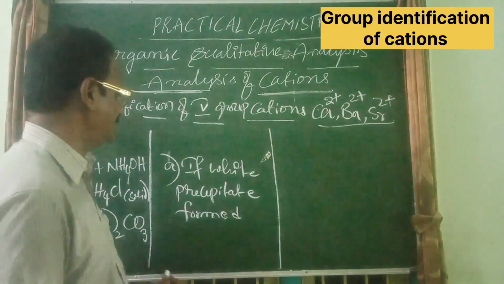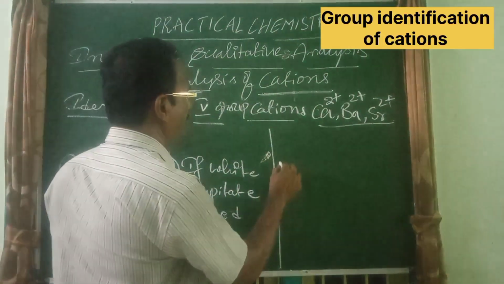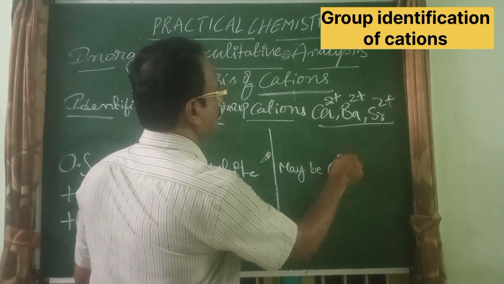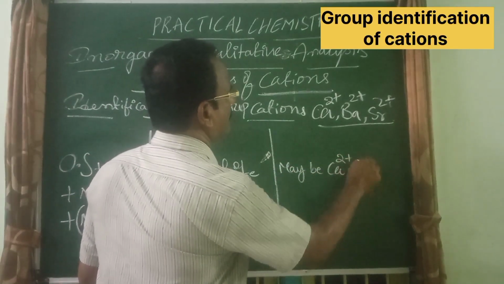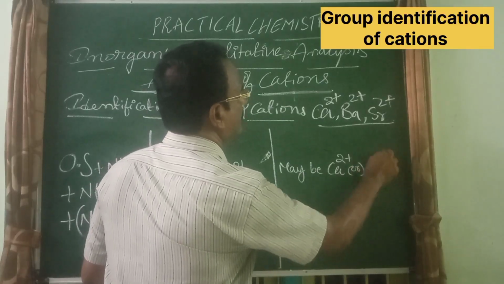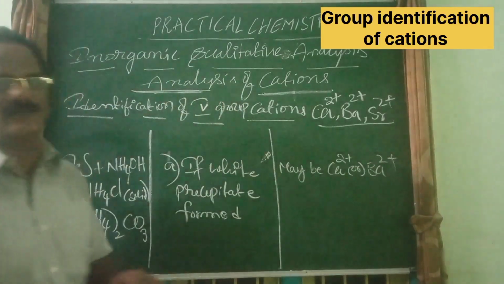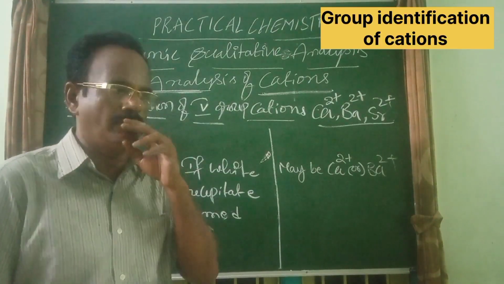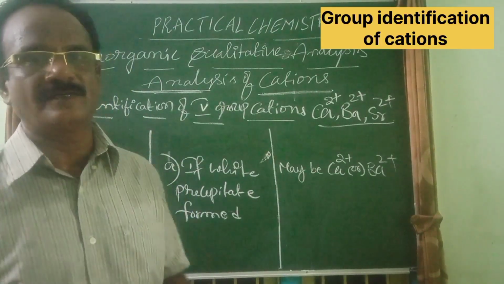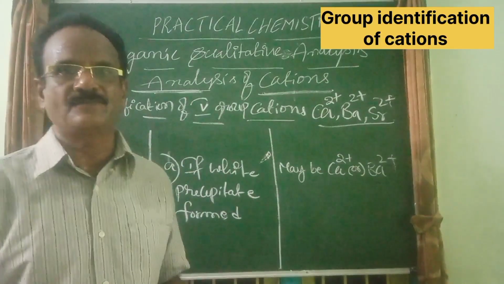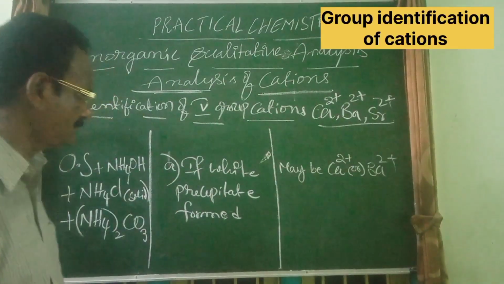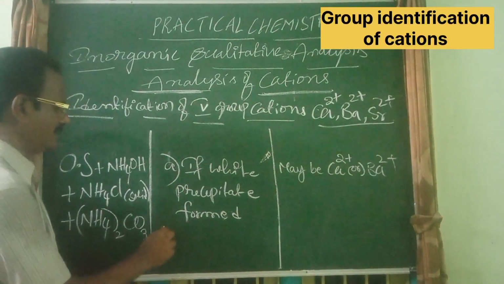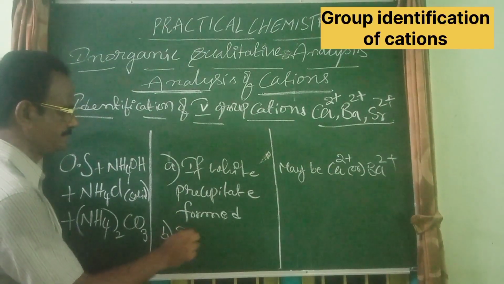Okay, so let us see, if white precipitate is formed, maybe Ca2+ or Ba2+. We are not talking about Sr2+ right now, because usually it may not be given in the laboratories up to UG. Okay. So maybe Ca2+ or Ba2+. Let us see if no precipitate.